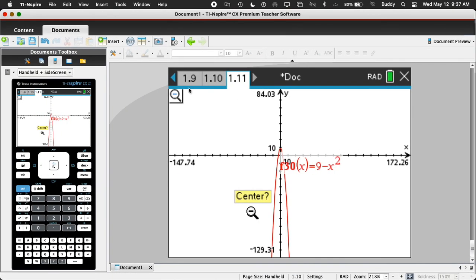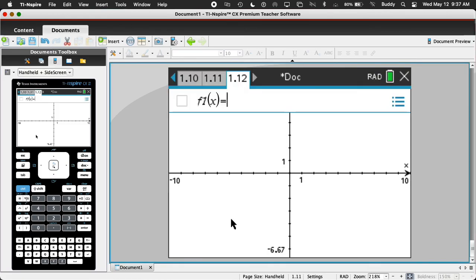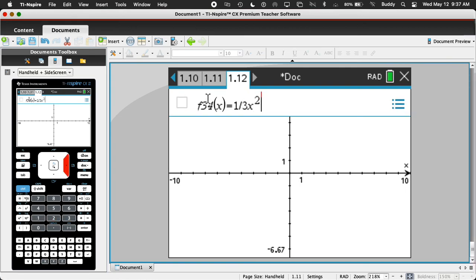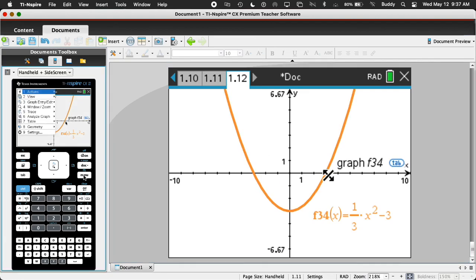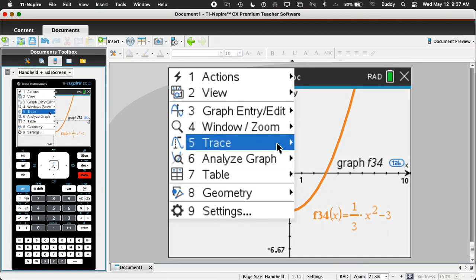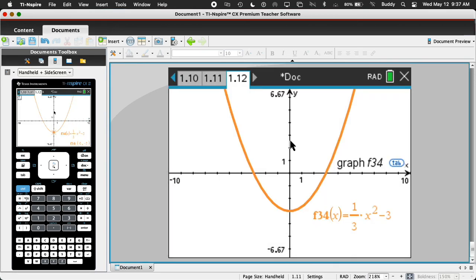I can verify this. I could go ahead and graph it. And I'll see here on a graph trace, let's see. Come on, calculator. Graph trace. I have a 0 located at -3 as well as a 0 located at +3.